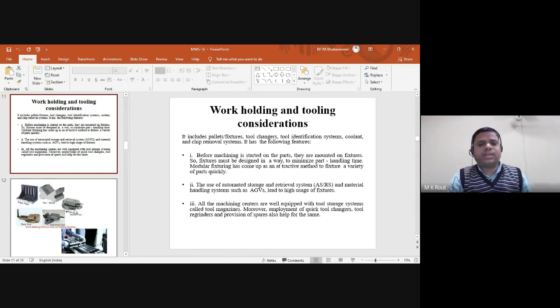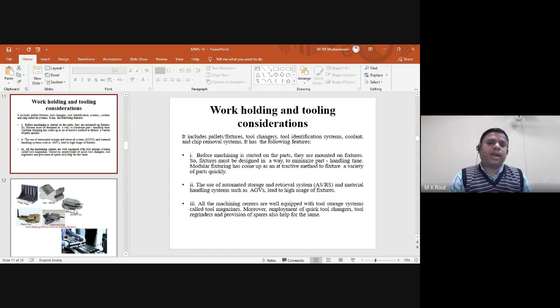Material handling systems such as automated guided vehicles lead to higher use of fixtures. The last feature is that all the machine centers are well equipped with tool storage systems called tool magazines, and moreover the employment of quick tool changers, tool regrinders, and provision of spares for the same.